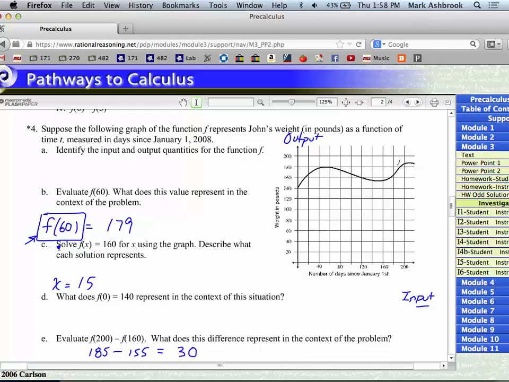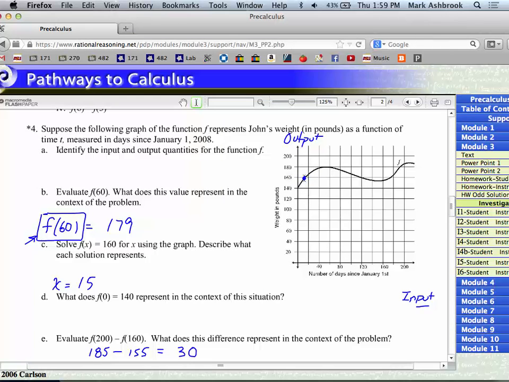Okay, what about this? So I pulled off that for f of x equals 160. x is 15. What do you think? Morgan. What do you mean there's more than one? Well, at more than one day, he's 160. Okay, right, exactly. So that's the first one.